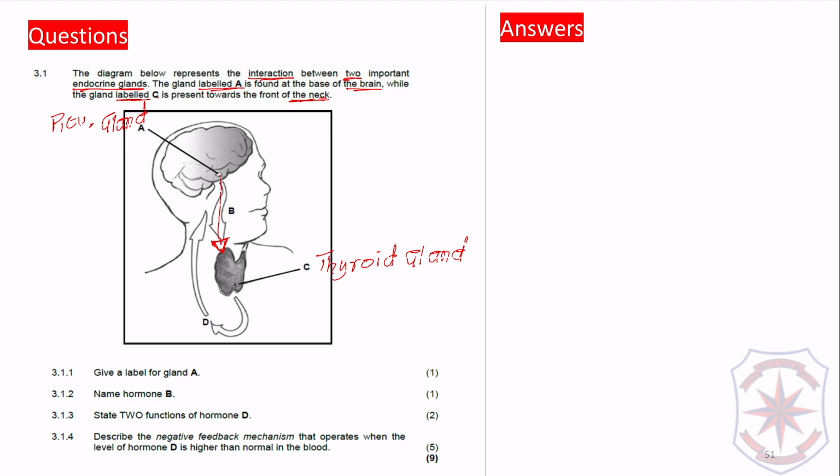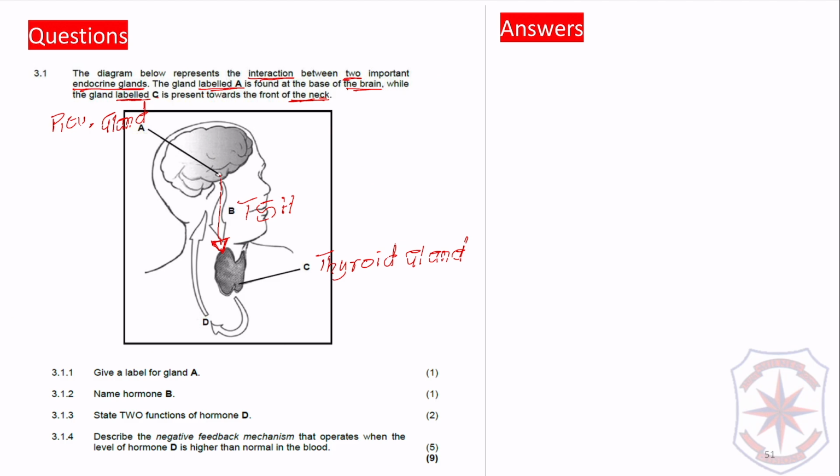Now which hormone that is secreted by the pituitary gland goes to the thyroid gland? That hormone is known as TSH. That is the hormone that will act on the thyroid gland, the thyroid stimulating hormone.